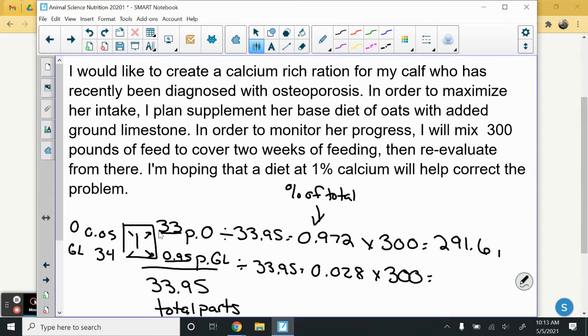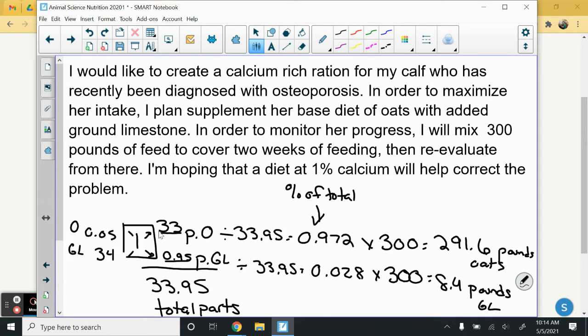So I'm going to put in my pounds of oats. And then I'm going to take 300 and multiply it by 0.028. And that's going to give me 8.4 pounds of ground limestone. I'm going to abbreviate that GL for the sake of ease.